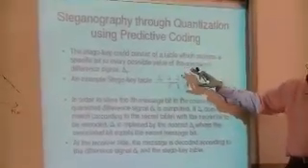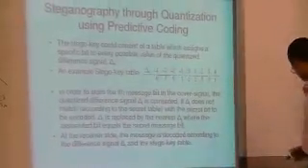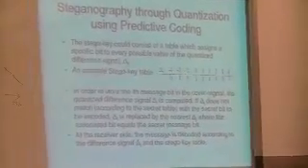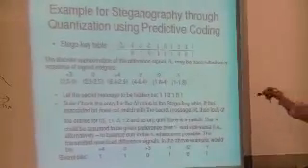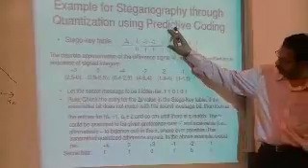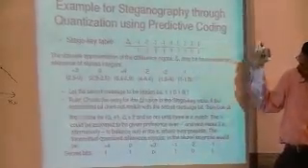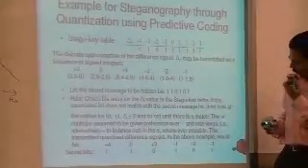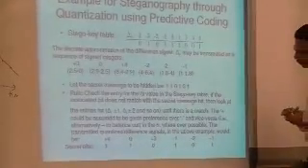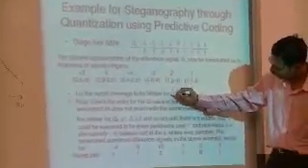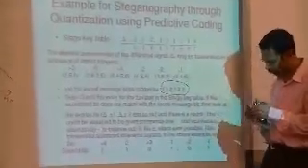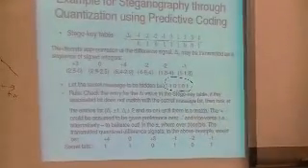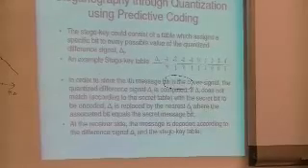Okay? So given this table and a sequence of bits that you want to send, say this, I'll give you this, as well as the signal.